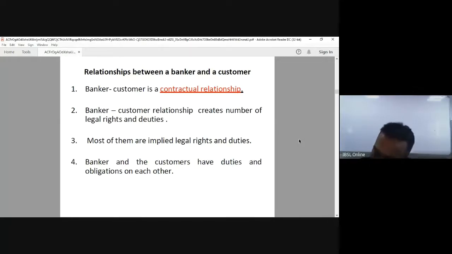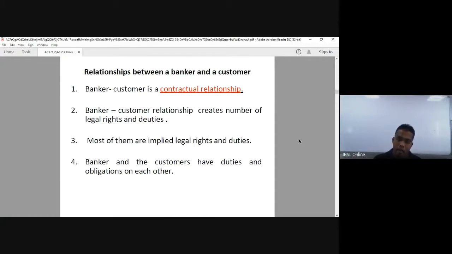When we say it's a contract, remember, when we enter into a contract, we have a lot of responsibilities. Take the example of marriage. When you enter into marriage, each spouse has responsibilities, duties and rights under the contract. So likewise, when we start a banker-customer relationship, it's a contract.